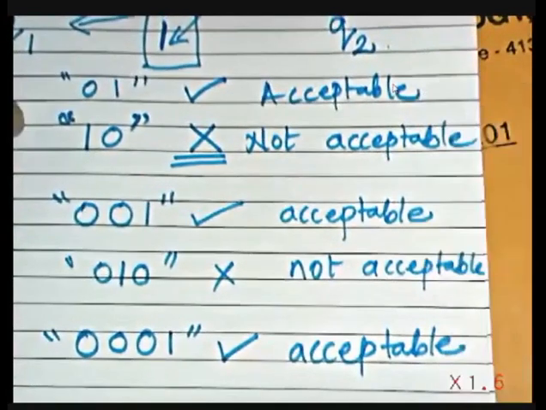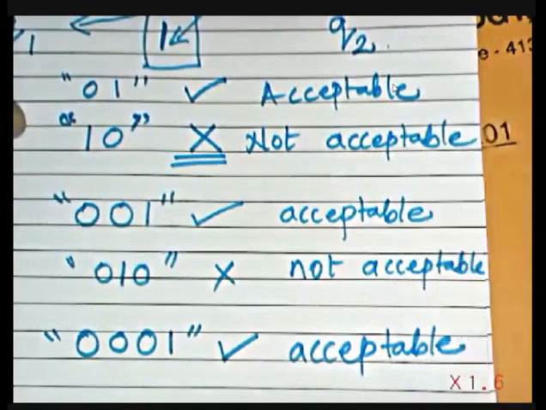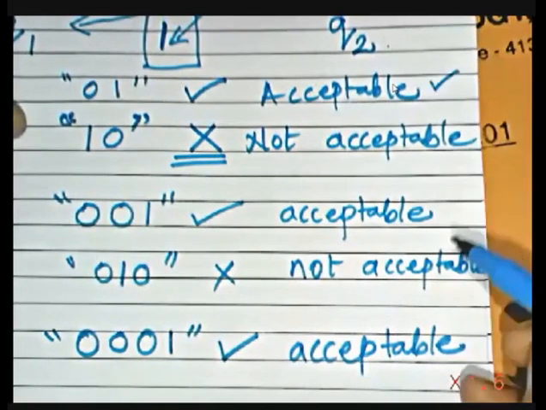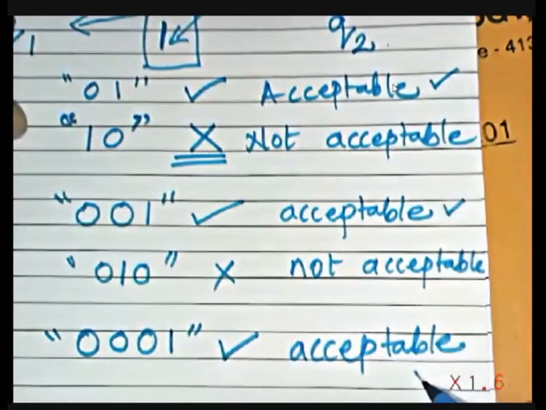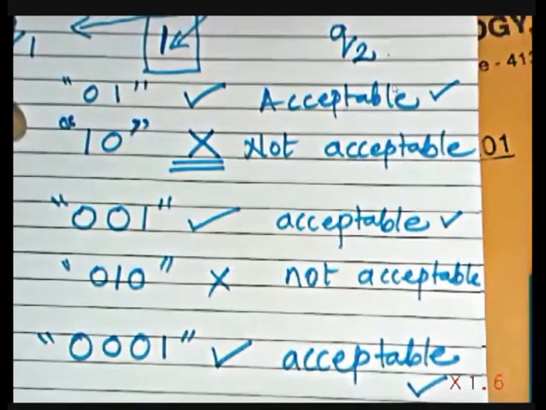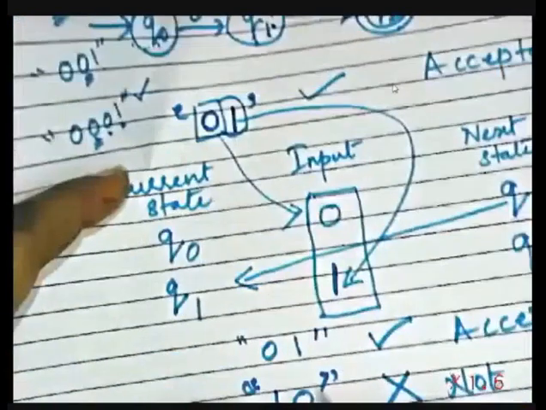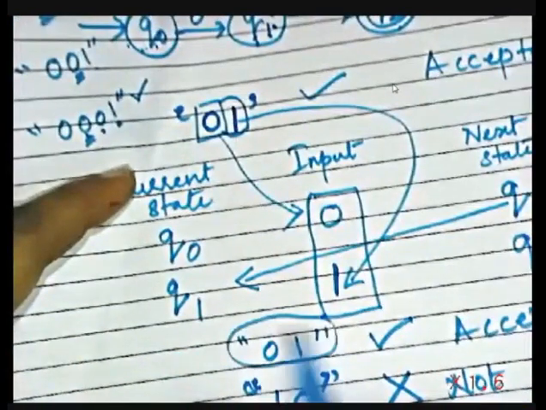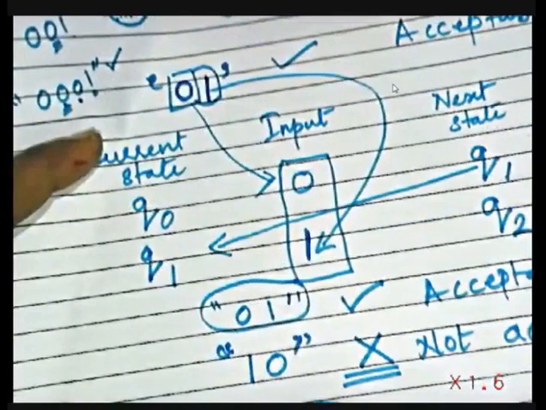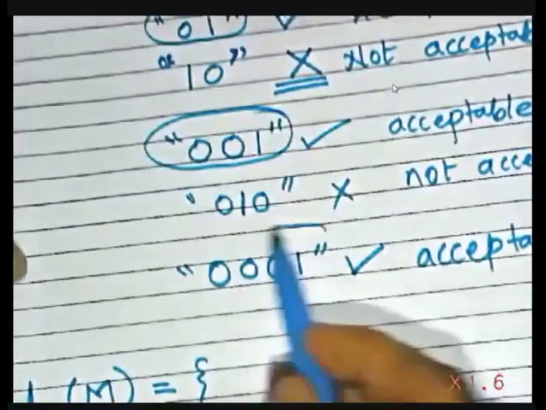Out of 5 examples we have seen that the acceptable ones are 1, 2 and 3. Right? Everybody agree? There are 3 strings which are acceptable. Which are those? This is the first one, this is the second one, and this is the third one.